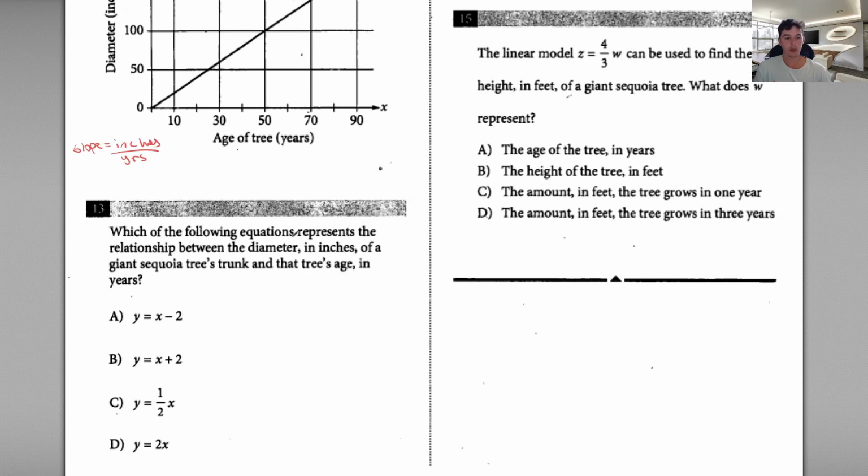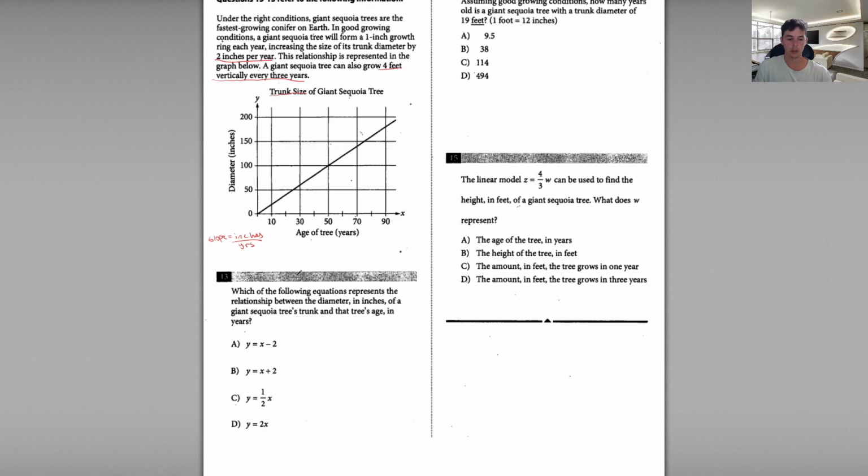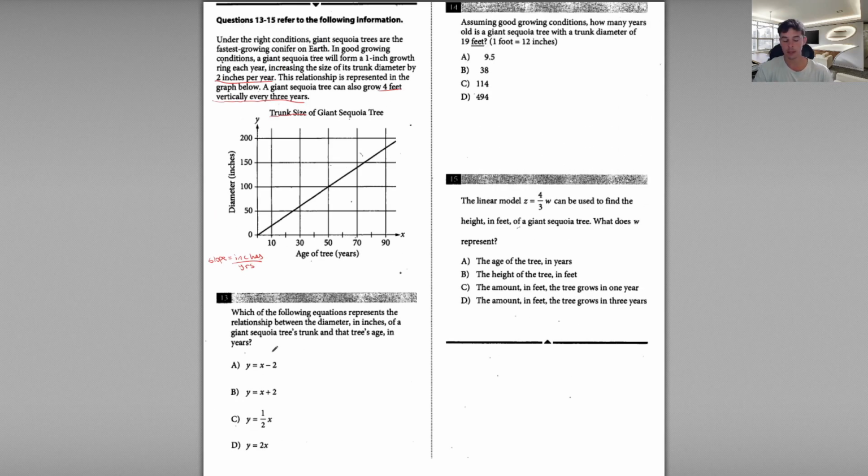Which of the following equations represents the relationship between the diameter of a giant sequoia tree and the tree's age in years? So we know that y is the diameter, x is the age. We know it grows 2 inches per year, so we know that the slope is equal to 2. Sometimes that's not a given.